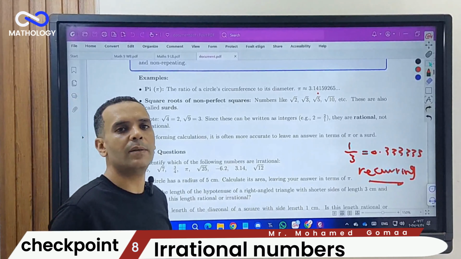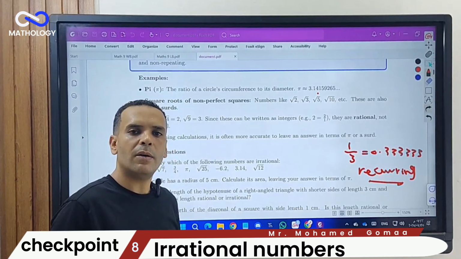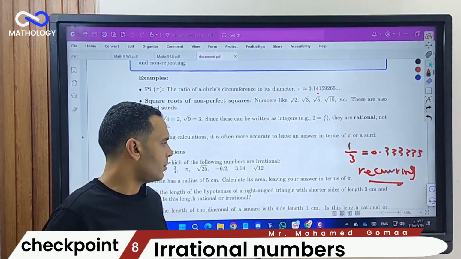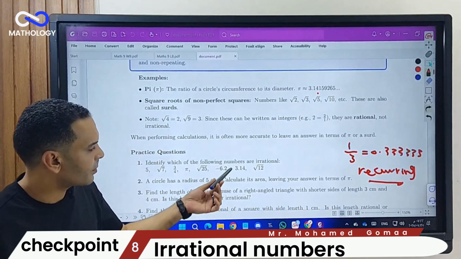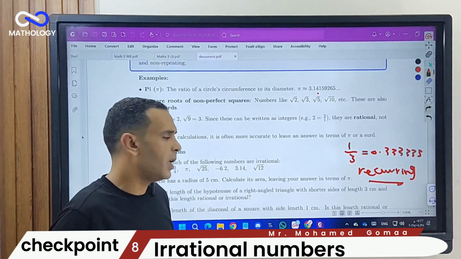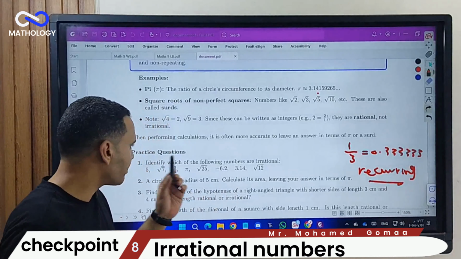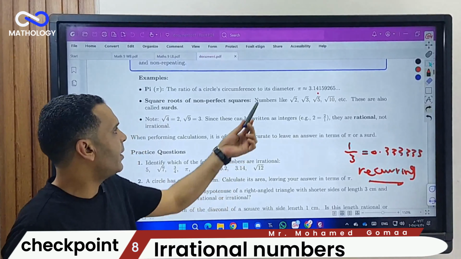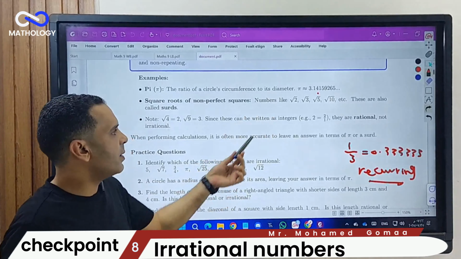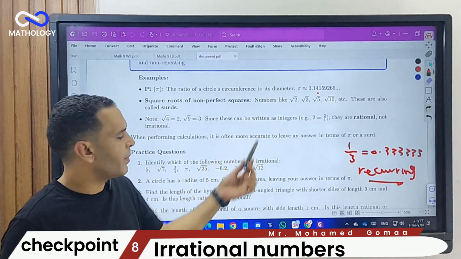All the decimals, all the fractions, all the integers, all of these numbers are called rational numbers. 3.14. If I write 3.14 like this one, not pi, this one is not pi.